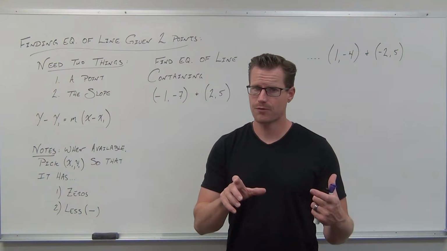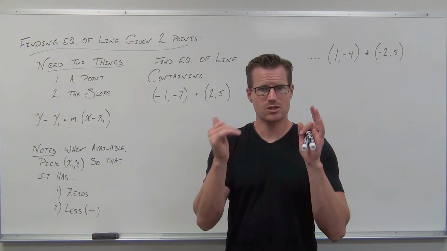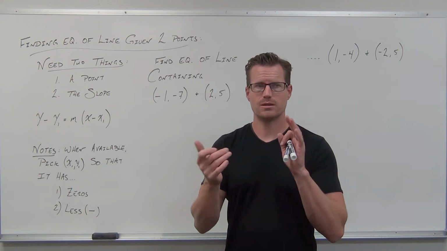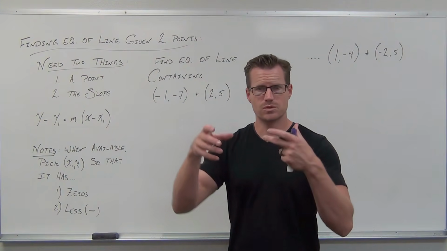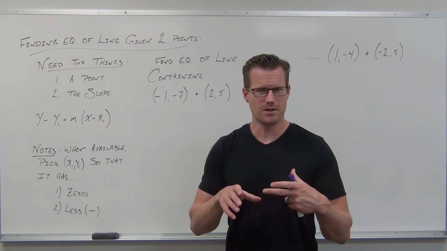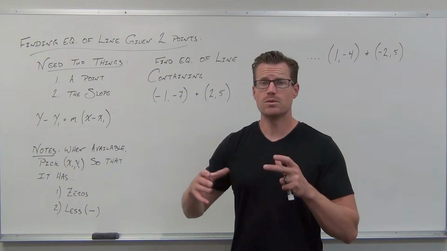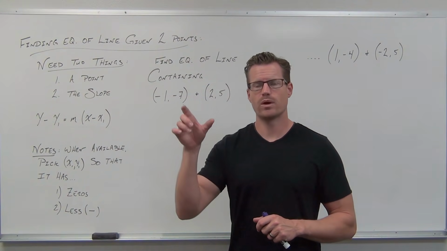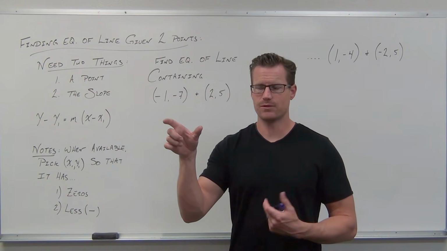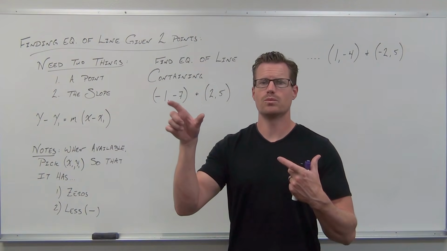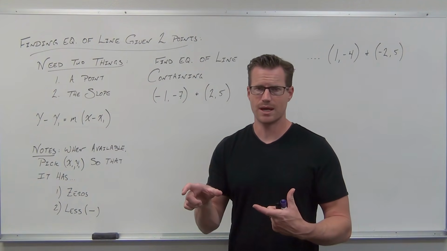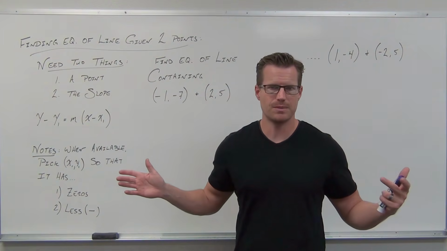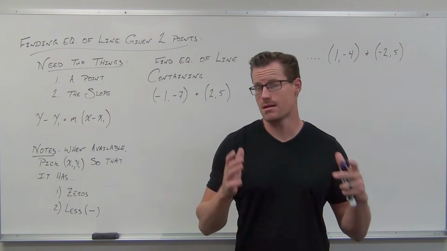Negatives throw people off because we're subtracting x1 and subtracting y1. Subtracting negatives is harder. Also, we use that twice, so avoiding negatives is beneficial. So again, if you can choose, pick the point with zeros to be x1, y1, and if that's not an option, pick the point with less negatives to be x1, y1. If those don't work, it doesn't matter. Then pick any point that you want, and it does not matter.